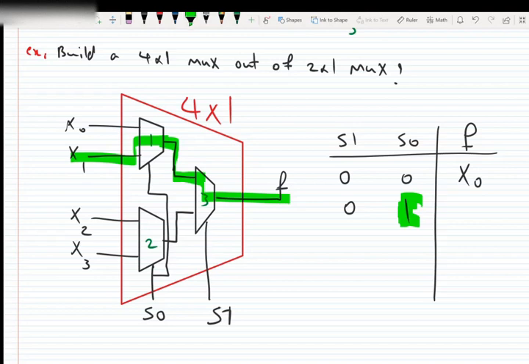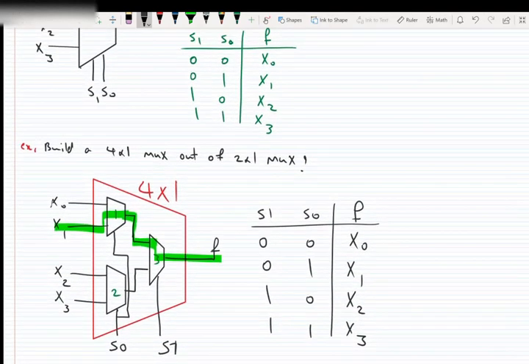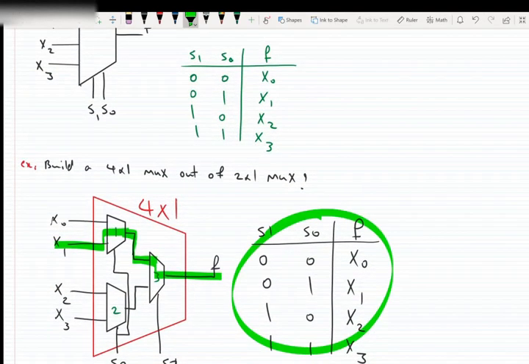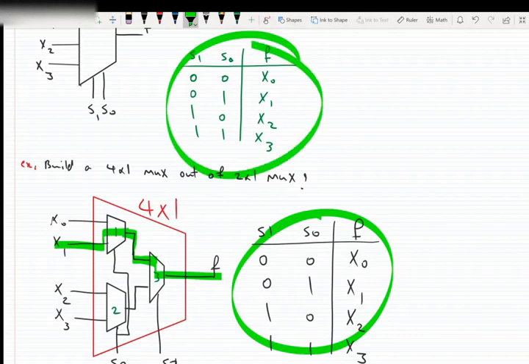So the output will be X1. If we continue, we will see that with S1 = 1, S0 = 0, we will have X2 and we will have X3. And this is exactly the same characteristic table as a 4x1 multiplexer. So this one is a 4x1 multiplexer.